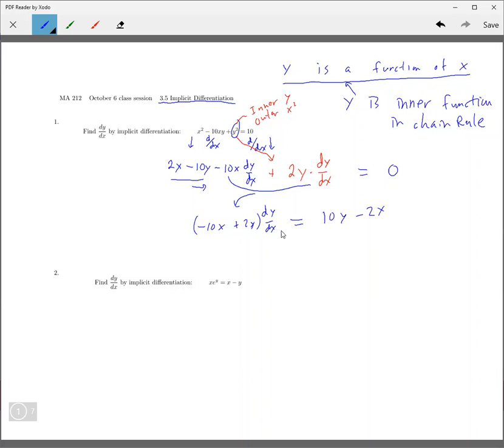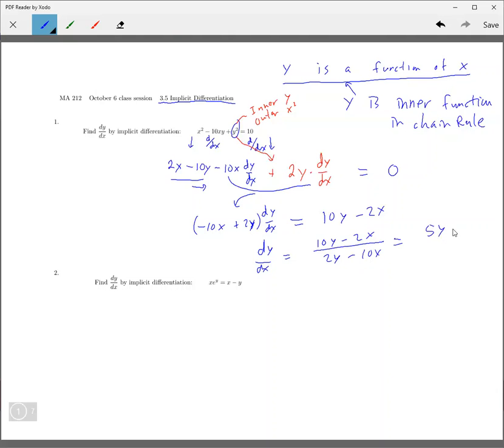And in the end, I'm going to divide by this to get that to the other side of the equation. And what is this? 2y minus 10x. That could work, but I guess I could divide everything by 2.